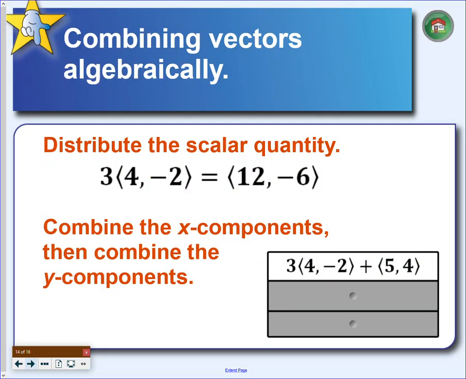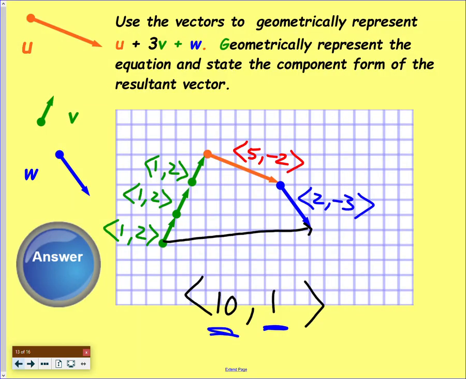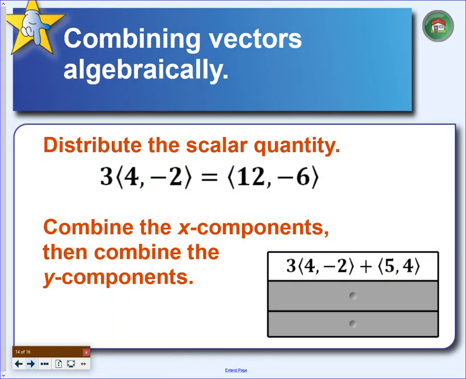Okay. You can also combine them algebraically, which is kind of what we just did right there. This is geometrically. We're actually drawing a picture and connecting dots. But that second part of what we did, we're combining them algebraically, meaning we're taking all of the X pieces and all the Y pieces. What they've got right here is 3 of these vectors equals this resultant vector.